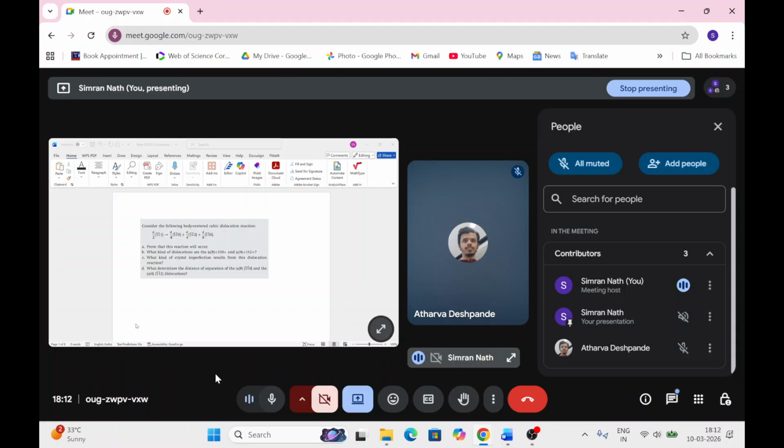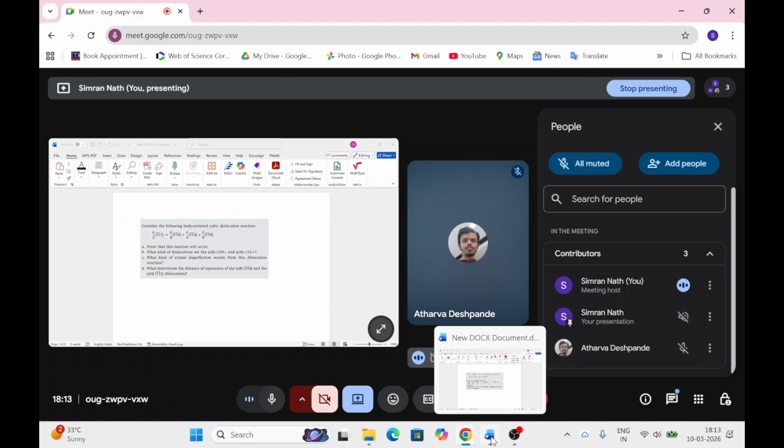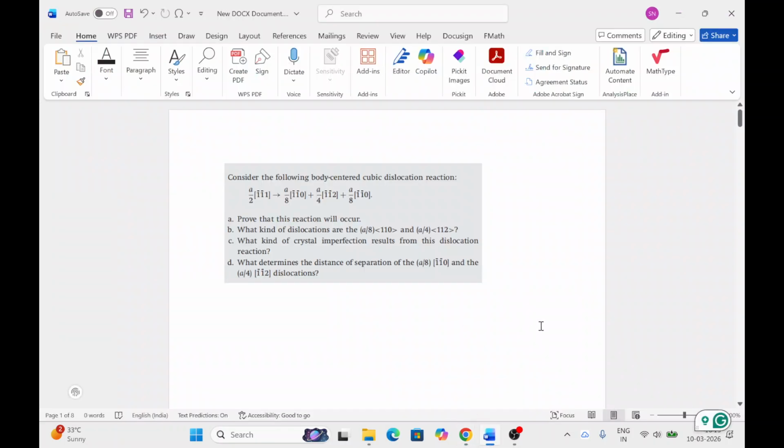First we check the occurrence of this Burgers vector reaction by checking the energy. If it reduces with dissociation, then this reaction is feasible. So we'll calculate the energy for both sides.